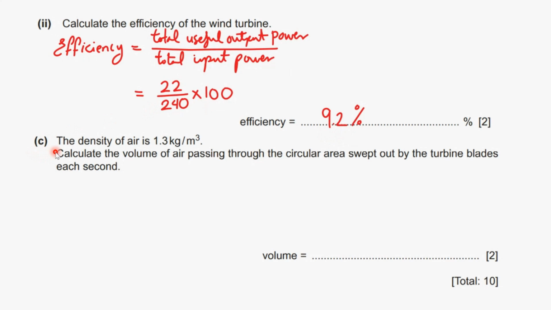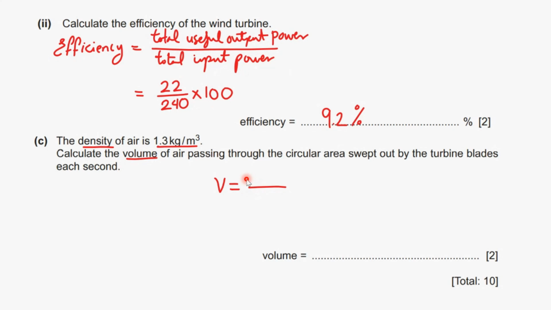For section C, the density of the air is 1.3 kilogram per cubic meter. Calculate the volume of the air passing through the circular area swept out by the turbine blades each second. There is one formula linking the mass and volume.